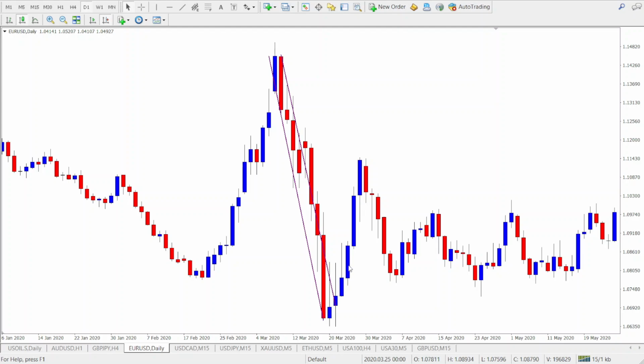This shift in sentiment often creates a chain reaction as more traders take notice and join the buying momentum.